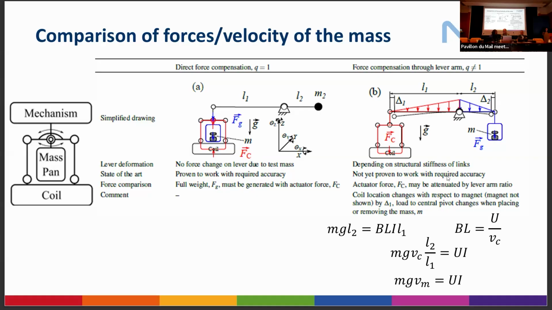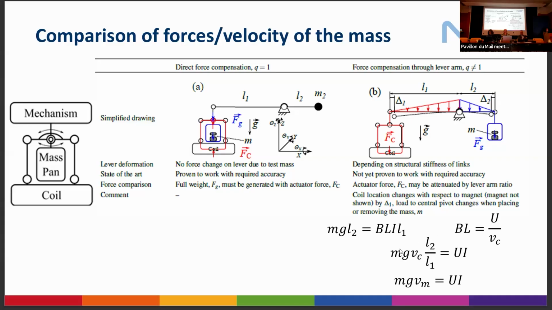Because if your mass is here and you're comparing mg L2 equal to BLI L1, because your force is here. And then if you move the coil in the same magnetic field in here, it's BL times U. And so mg, the gravitational force of the mass, times the velocity of the coil times L2/L1.